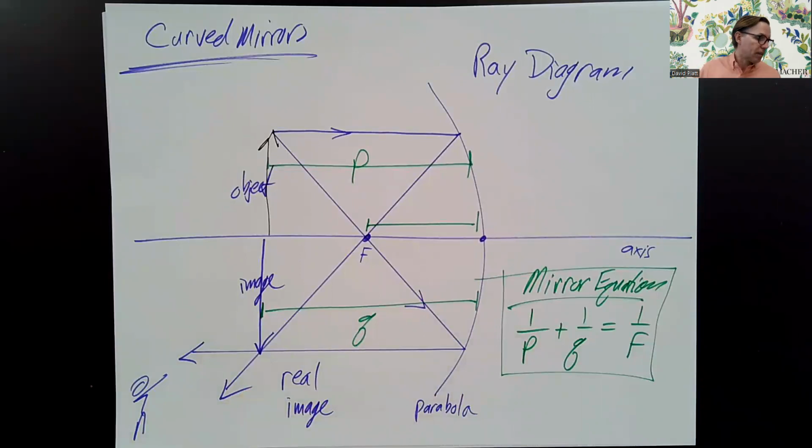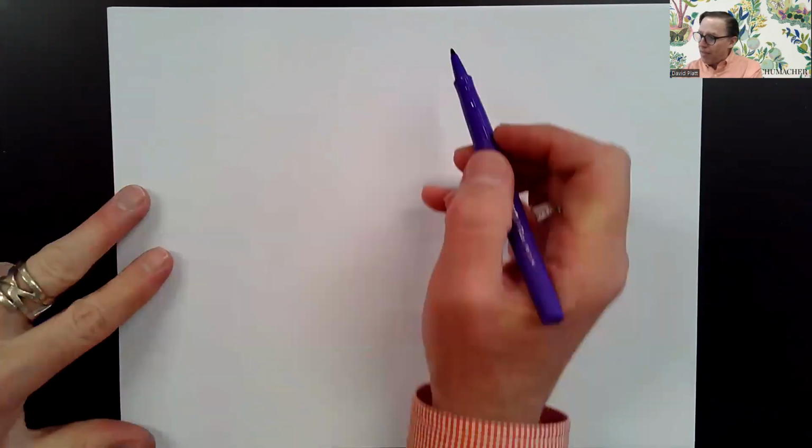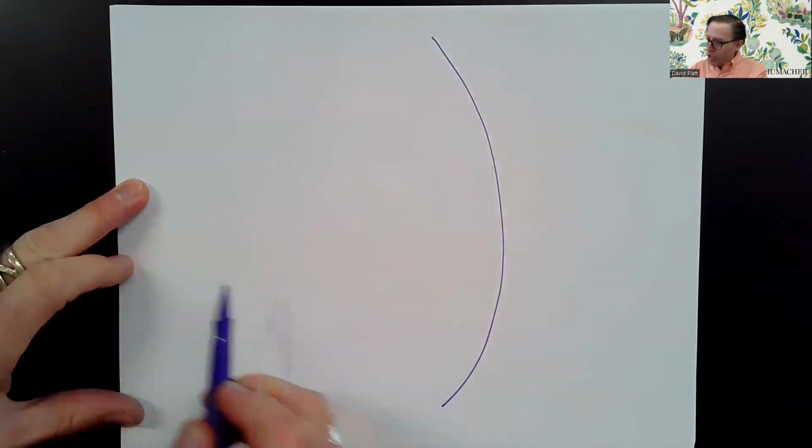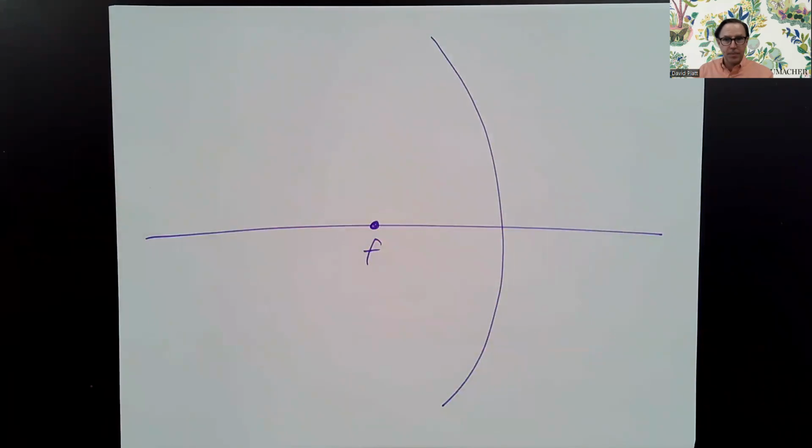All righty. Now, I have just a tiny little final summary thing here. I told you that this mirror is shaped like a parabola, and that's why it has a focus. It turns out that carving out something the shape of a parabola takes a lot of time and effort and energy, and therefore gets expensive.